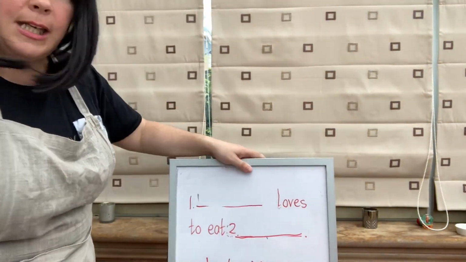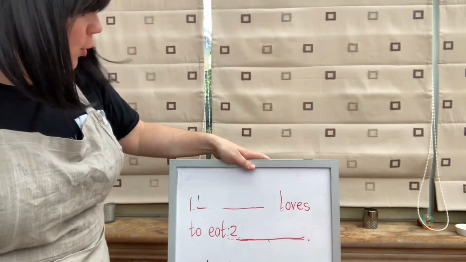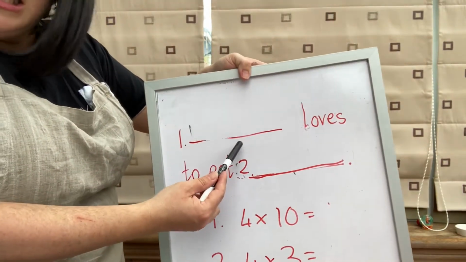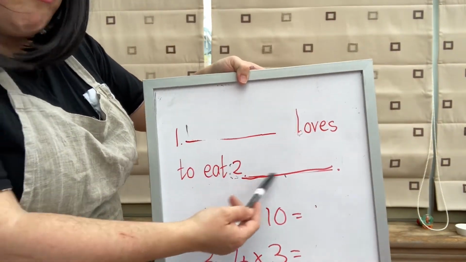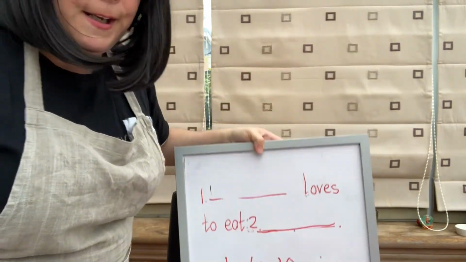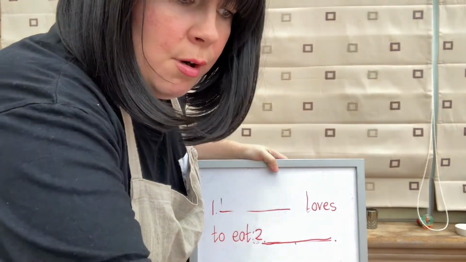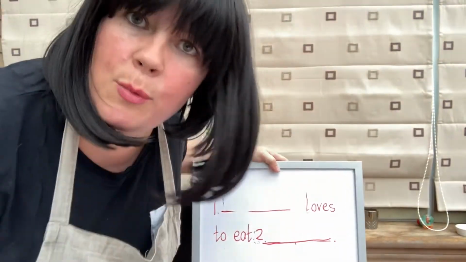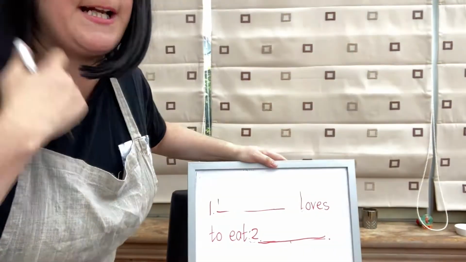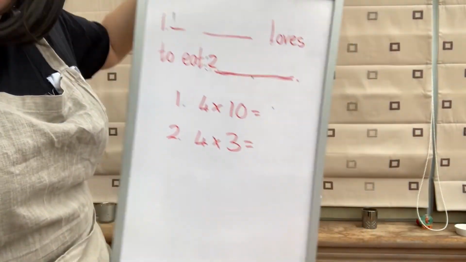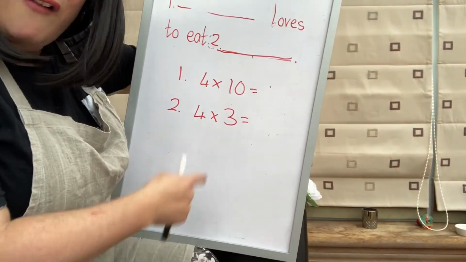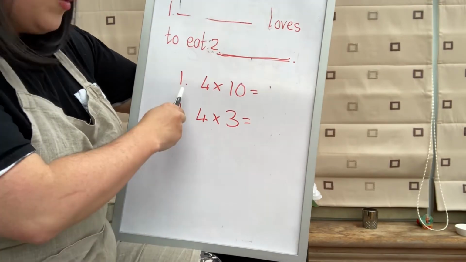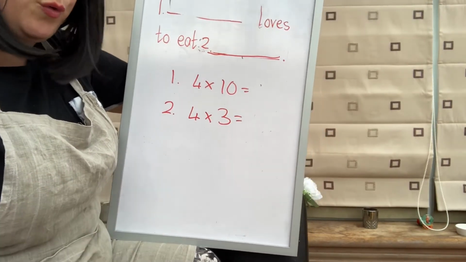All right, so here we go. We've got our first clue. We've got something loves to eat something. All right, now you might be thinking, oh, I'll just have a wee look at my list and I'll just take a wee guess. But I would advise against that. All right, so what I've got here too, I've got two sums, okay? One's named 1 and one's named 2.